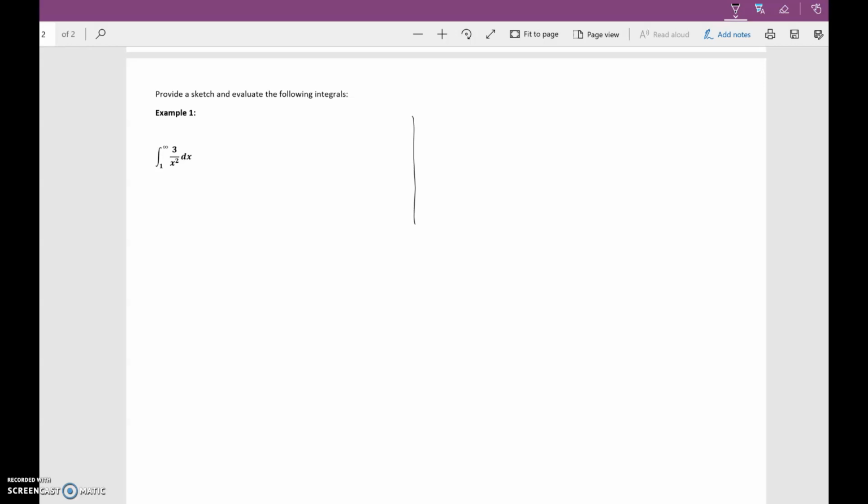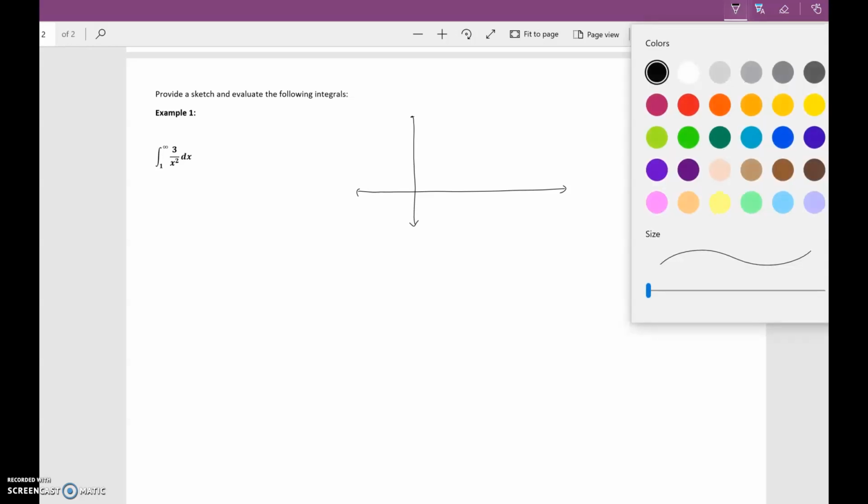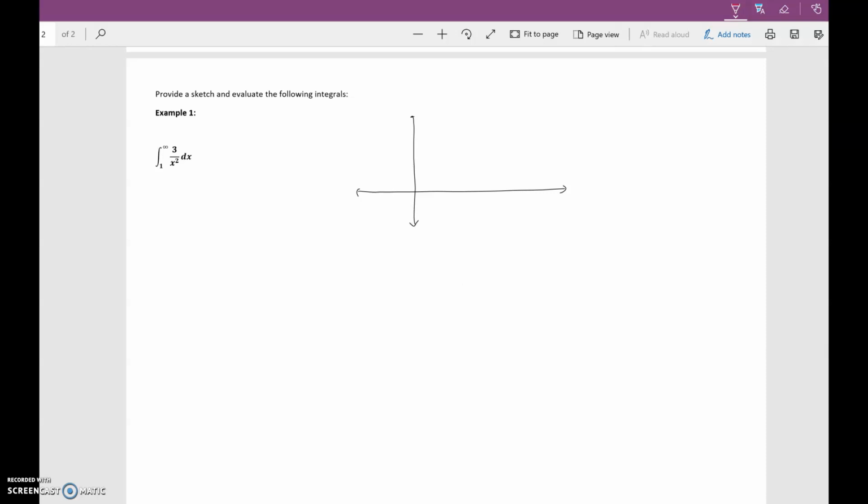Here's the idea on this one. It's 1 over x squared, and your x squared is at the bottom. So this is going to be the actual graph, and we're only interested in the positive side. But let me put both of the hyperbolas. So your 1 over x squared actually looks like this, and then the other portion happens to be on the positive side.